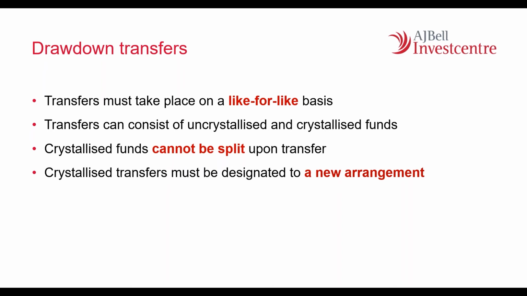You can transfer uncrystallised funds into a new scheme. It comes across uncrystallised to uncrystallised, and then you can immediately crystallise it into that existing drawdown arrangement. But if it's already crystallised in one scheme, when it comes across, it has to go into a separate arrangement in the new scheme. That's really a legacy issue.